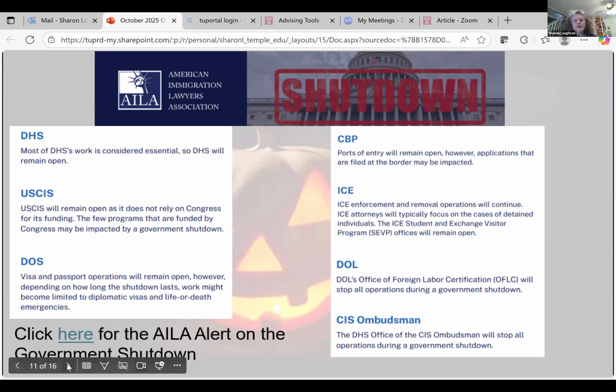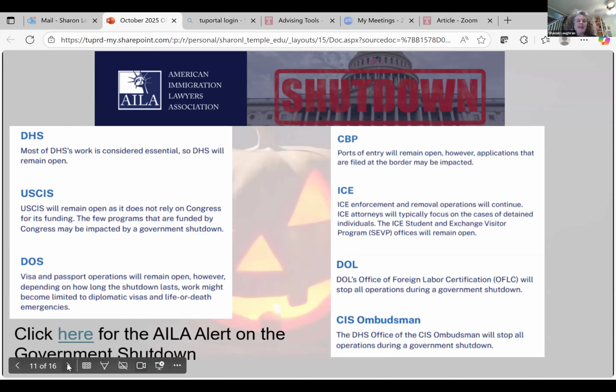Unfortunately, there has been a government shutdown. So things that we are concerned about: USCIS generally is self-funded. That's why you pay all the fees. However, there's guaranteed to be some kind of slowdown, not maybe a shutdown, but a slowdown.